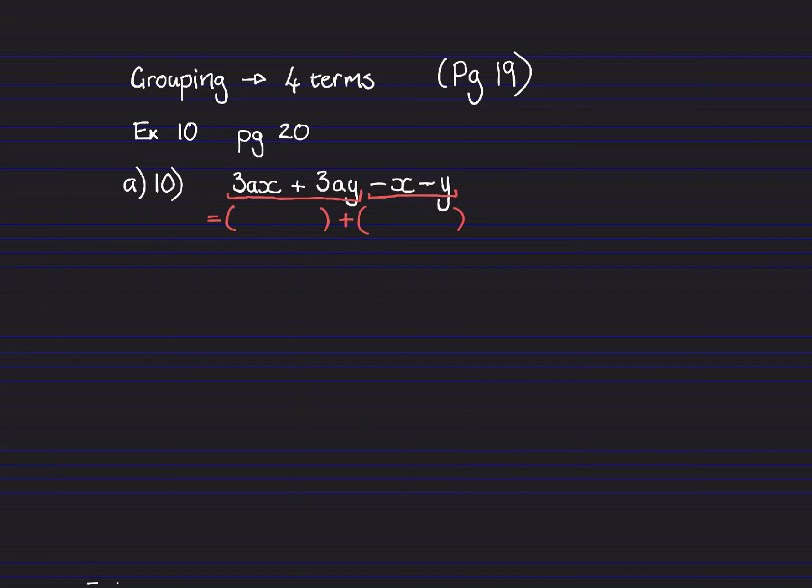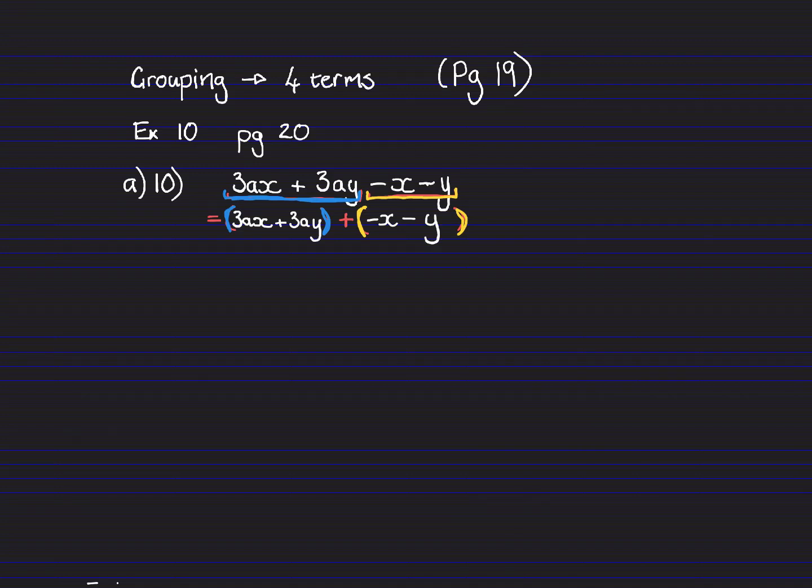Okay, so let's make this more obvious with blue. This first one in the blue brackets, I'm just rewriting it so that it's 3ax plus 3ay, and then the second bracket is going to contain the whole of that there, including those negatives, so it's negative x minus y.